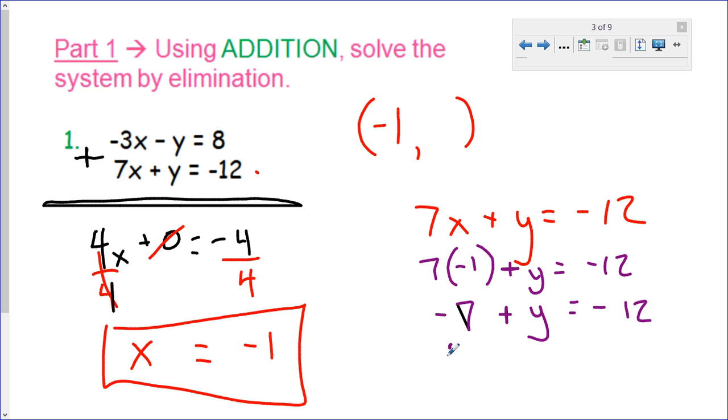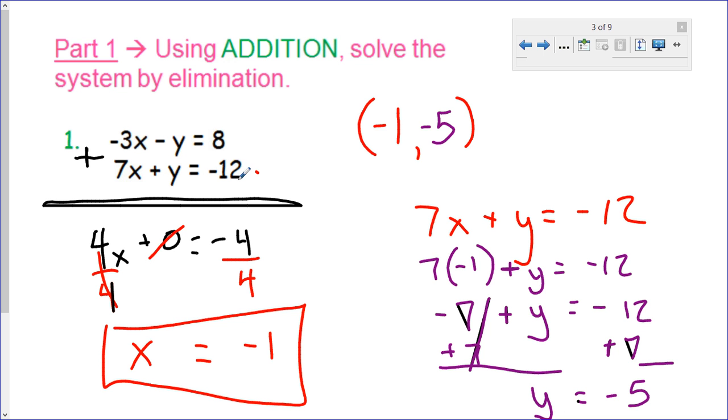If I add 7 on both sides, suddenly I have a solution. Y is equal to negative 5. Here we go. For this linear system where negative 3x minus y equals 8 and 7x plus y equals negative 12, my solution for x and y is x is negative 1, y is negative 5.